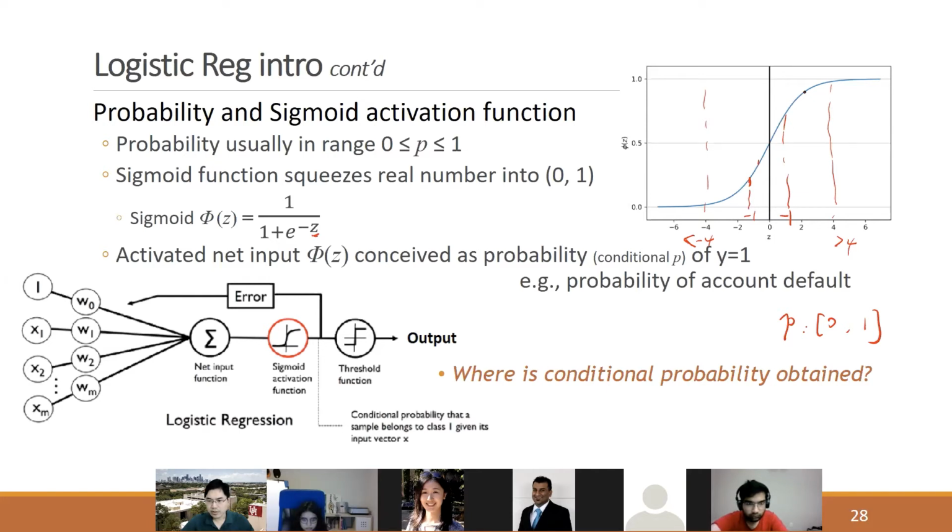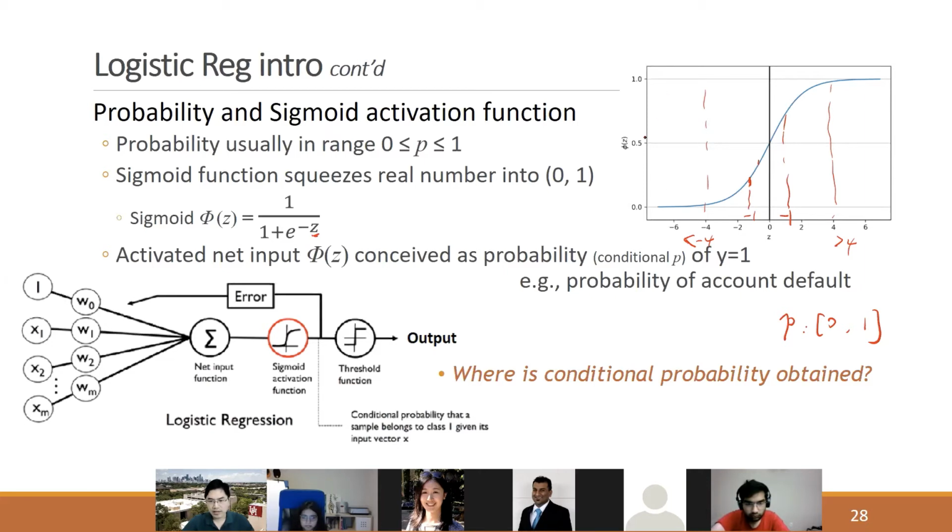And the larger the value, the more likely we are going to predict the case to be a default case. The smaller or closer to 0 the value is, the less likely we're going to predict default, or the more likely we're going to predict no default.